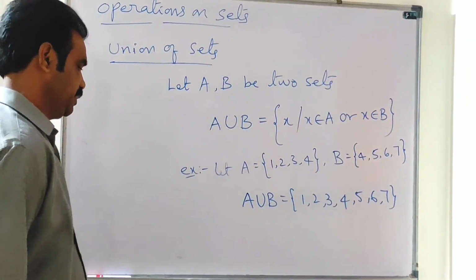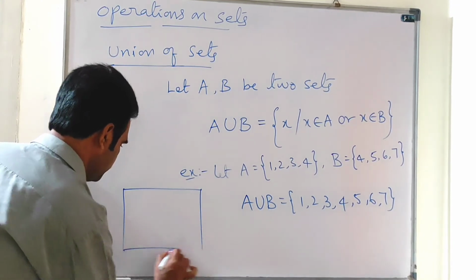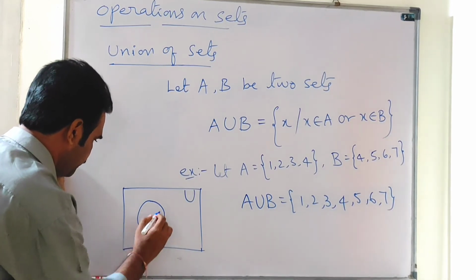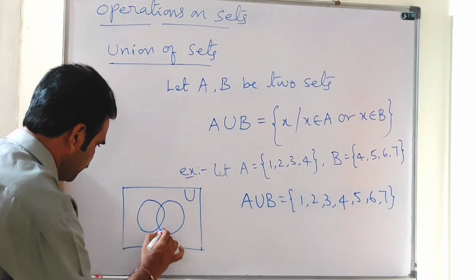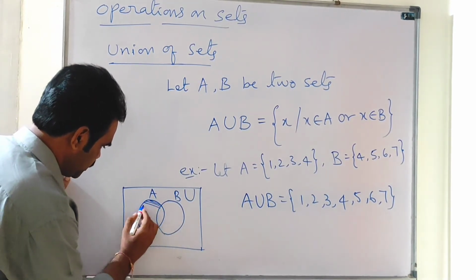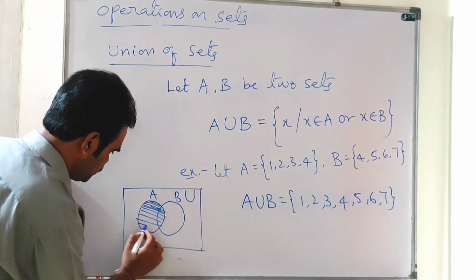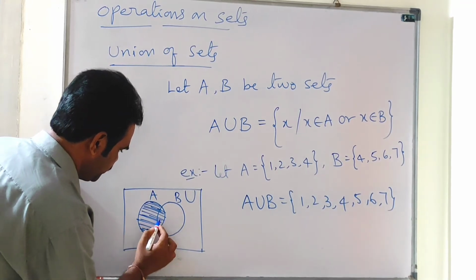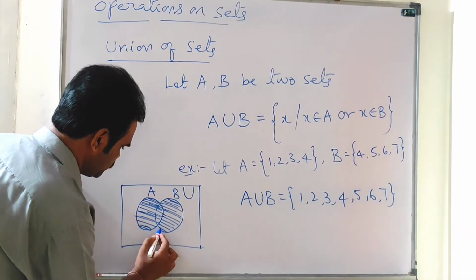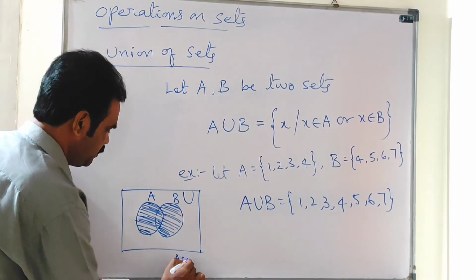See the Venn diagram of A union B. This is the universal set U, this is the set A, and this is the set B. A union B is the set of all elements of A or B or both. This is the Venn diagram for A union B.